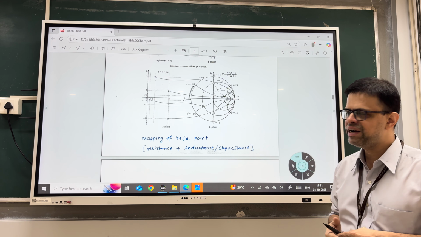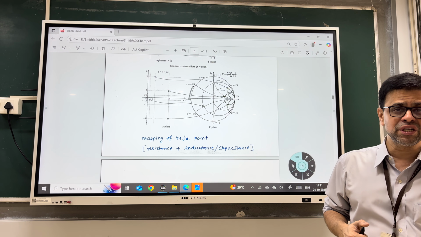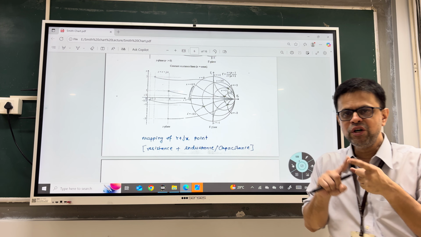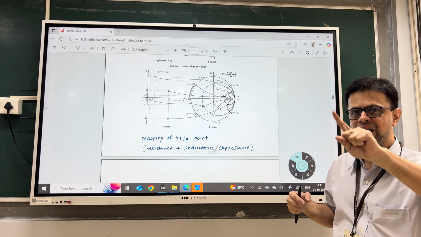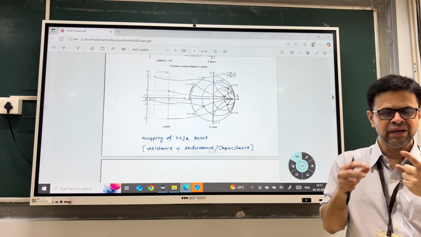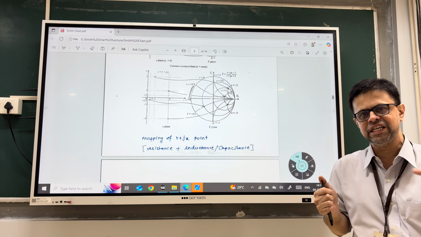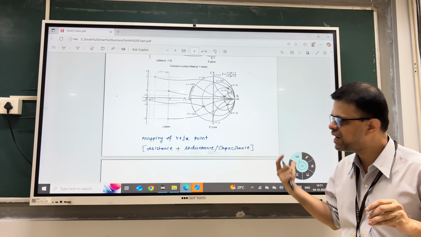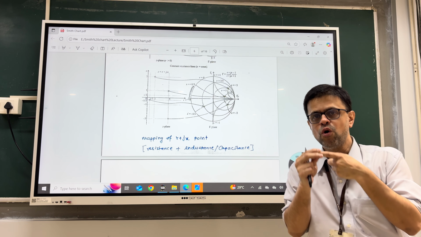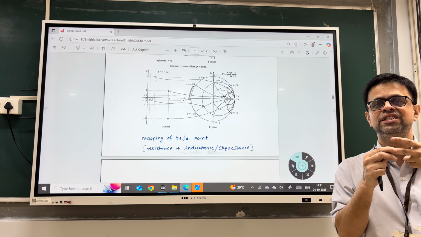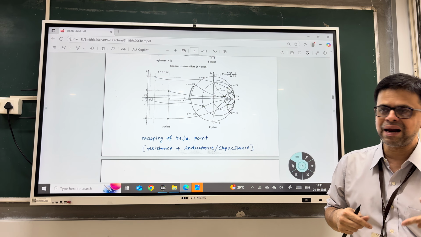Then we will calculate the input impedance of a transmission line using the Smith chart. Then we will do various impedance matching calculations, using lumped as well as distributed elements. In lumped elements we will use LC section matching, and in distributed elements we will use transmission line matching, with an open circuit stub or a short circuit stub connected in series or parallel.